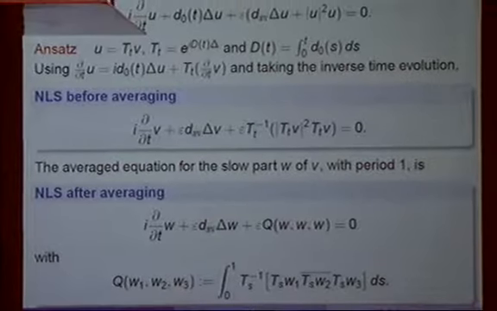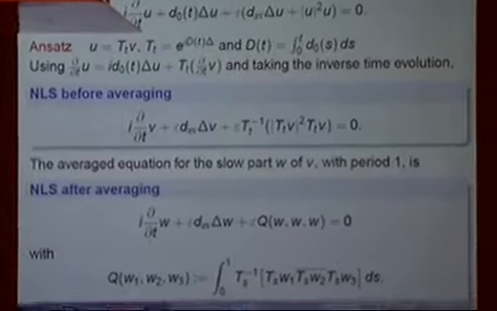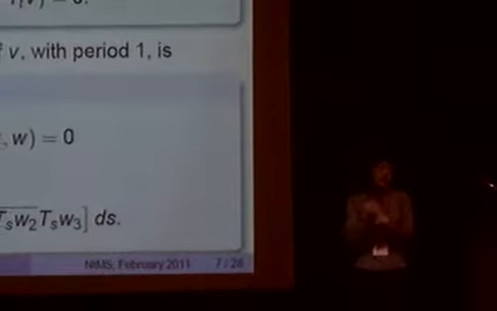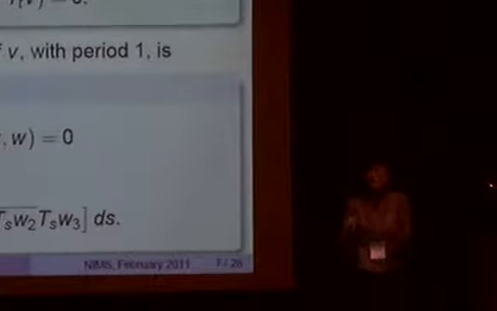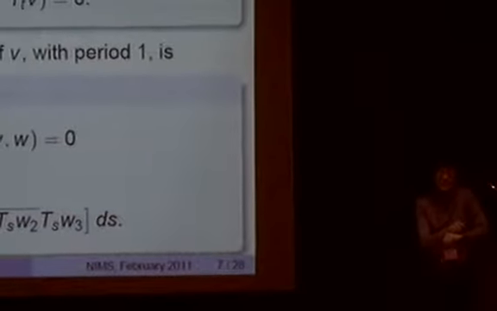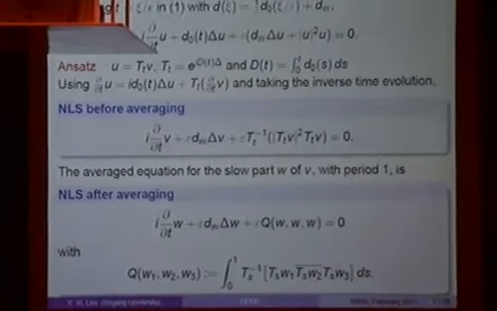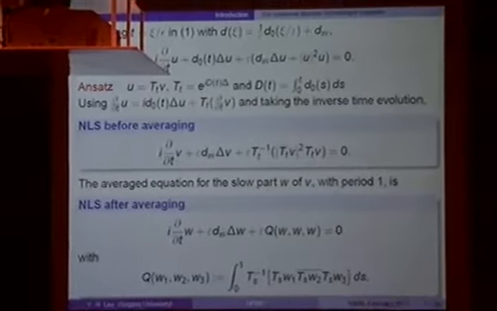Here we have just a fast oscillation, so we just replace this by its average. You can think of this as some approximation. Can you explain the difference between V and W, the difference V minus W, and whether it satisfies some equation? I didn't really write it down.